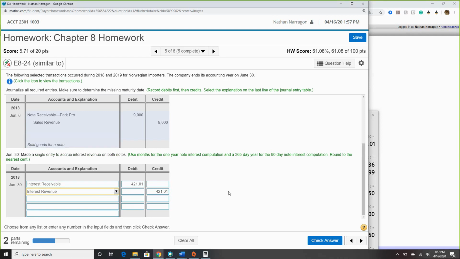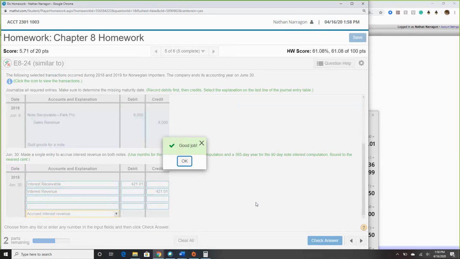Credit will be the revenue. This is revenue earned. So debit interest receivable, credit interest revenue. Again, this is our accrual. We'll check and everything is good. Watch out with this one because they want you to combine the interest on both notes.